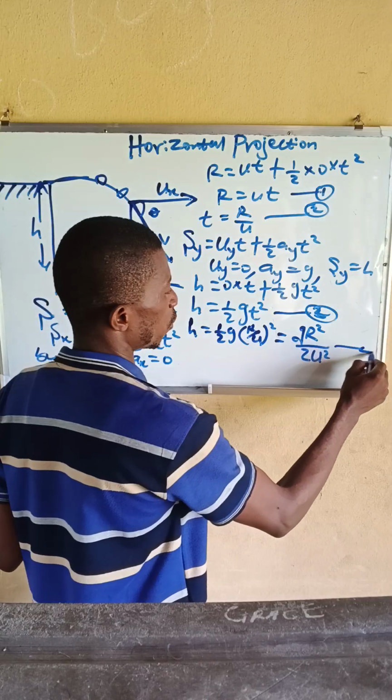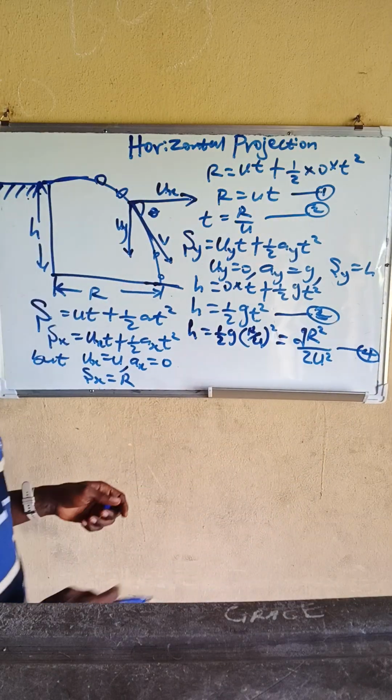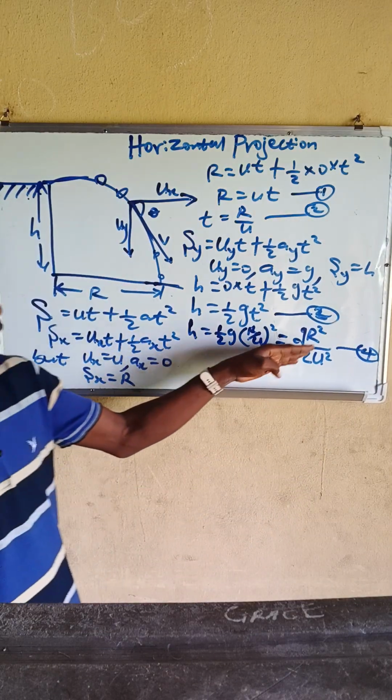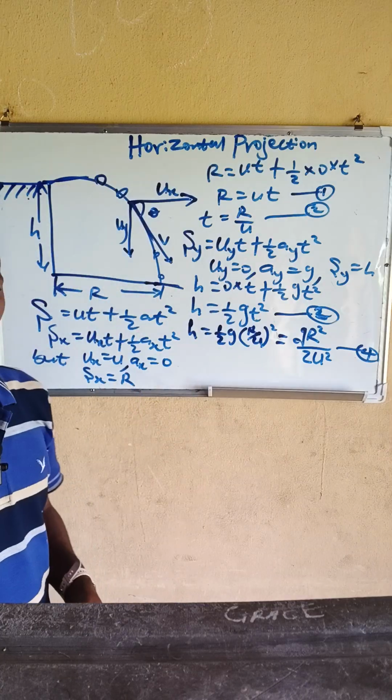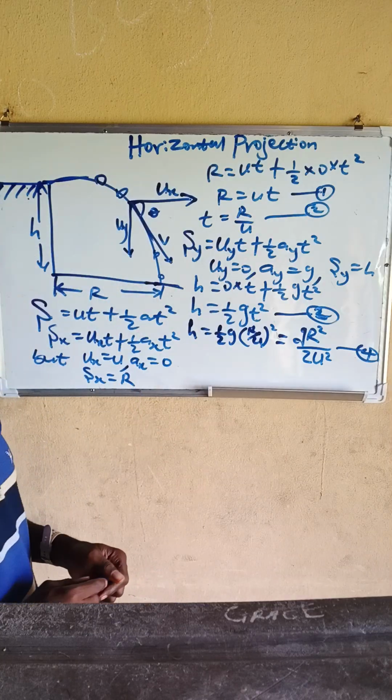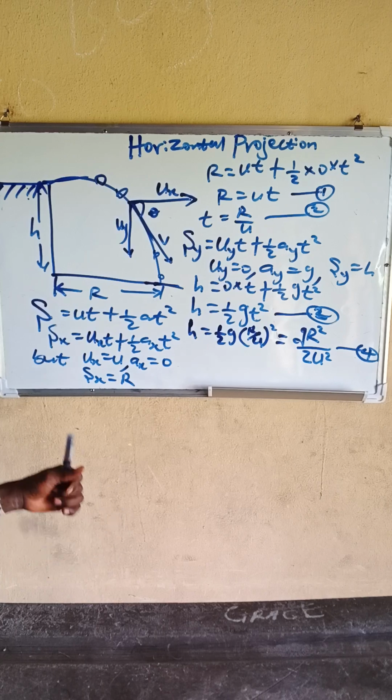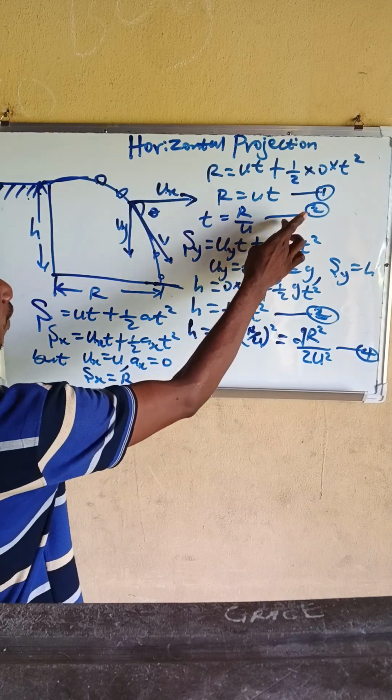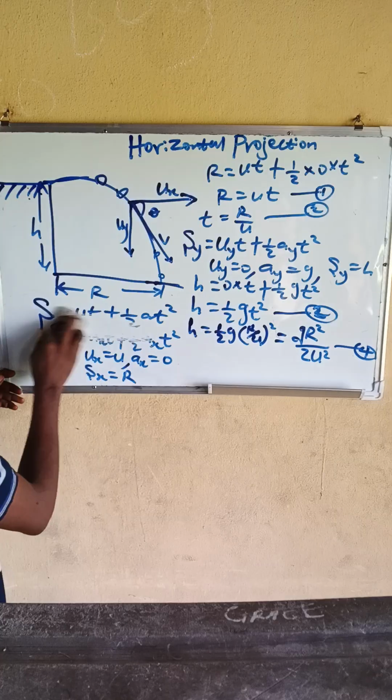That is equation 4. So that is the path traveled by the object.